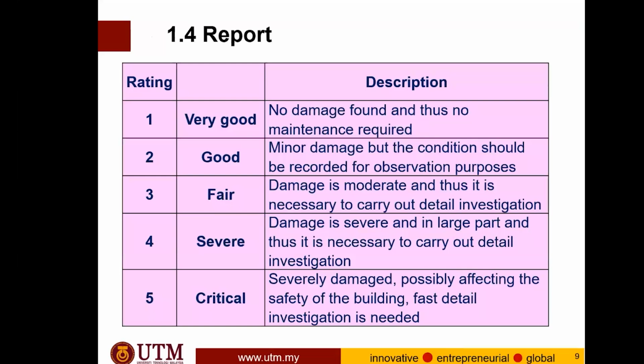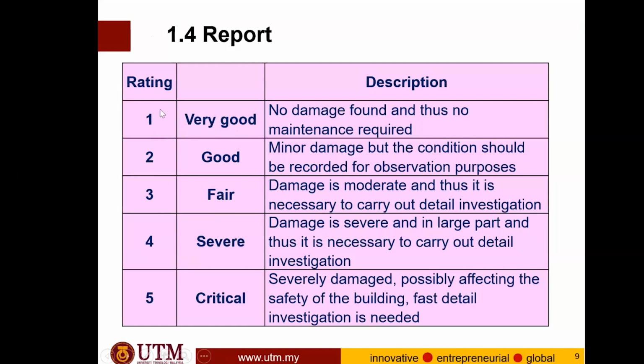Okay, now this is one of, it's not the example. This is the basic component of report. Rating. This is rating for each component. For example, rating for beam, rating for floor.